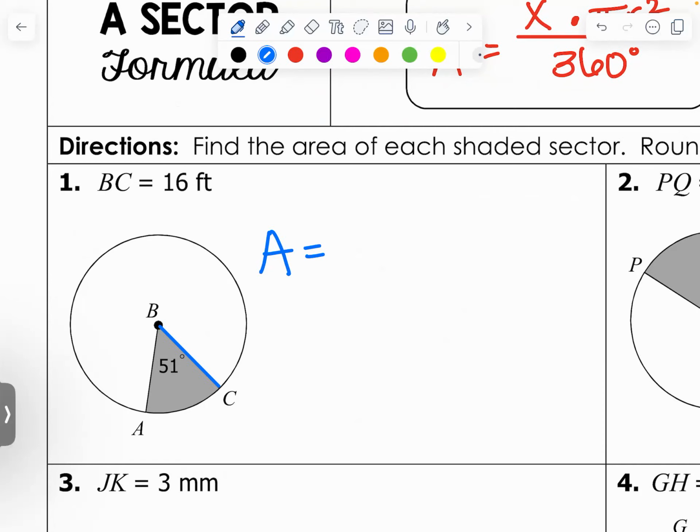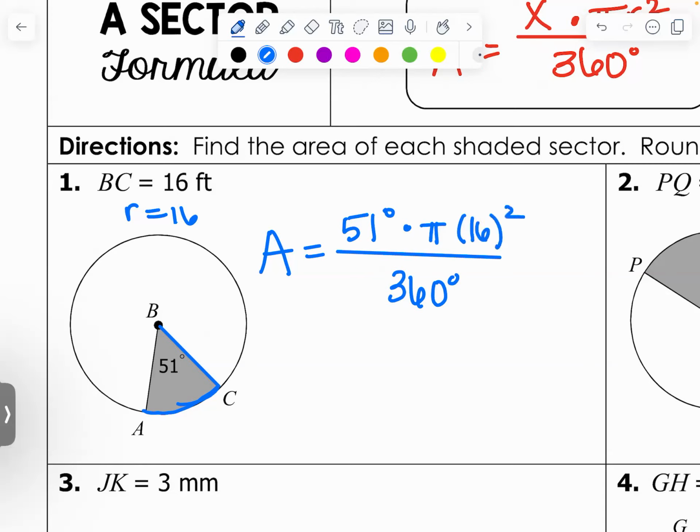Does it give us diameter? Okay, thank you. Our radius is 16. And what is the arc measure? 51. So we're going to take our arc measure over 360 and multiply it by pi r squared.